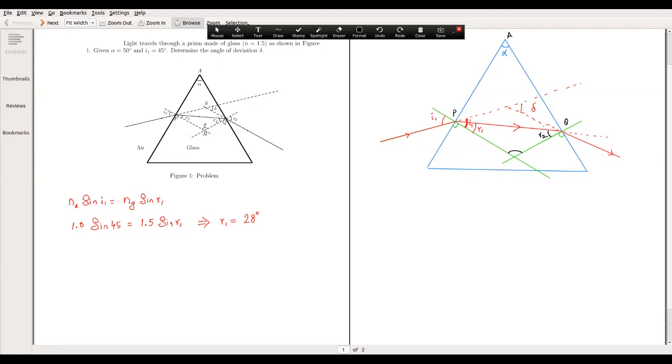and R. So in the quadrilateral A, P, R, Q, the sum of all the angles in the quadrilateral is 360 degrees. Let's call this angle theta.